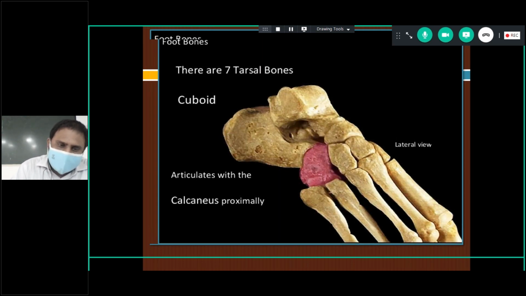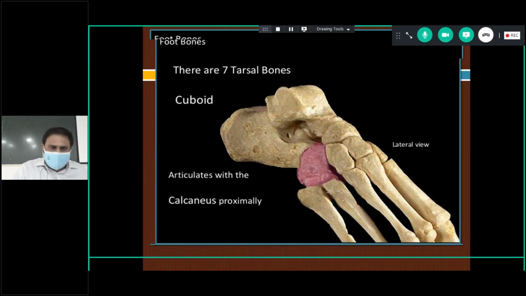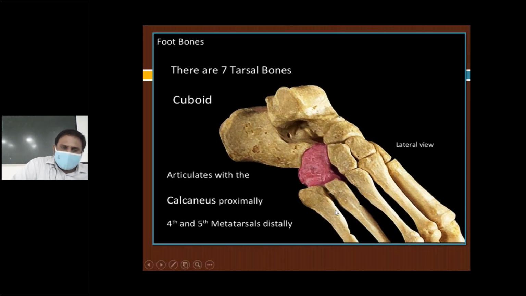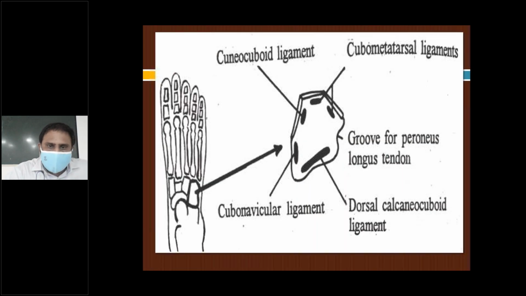And the cuboid articulates with the calcaneus proximally and distally with the fourth and fifth metatarsals.